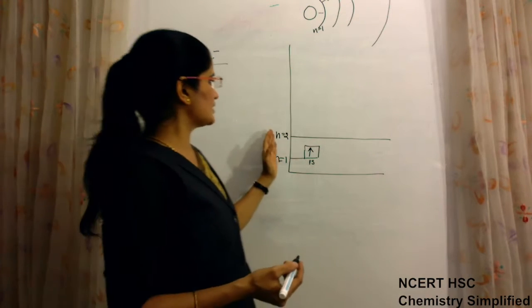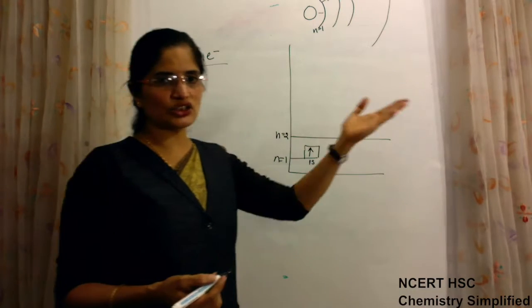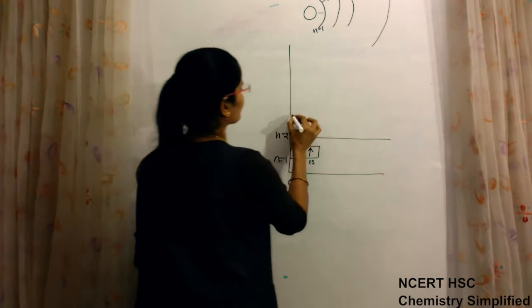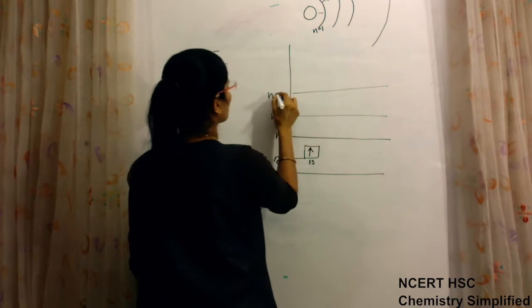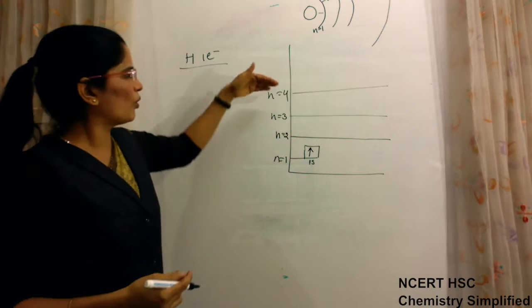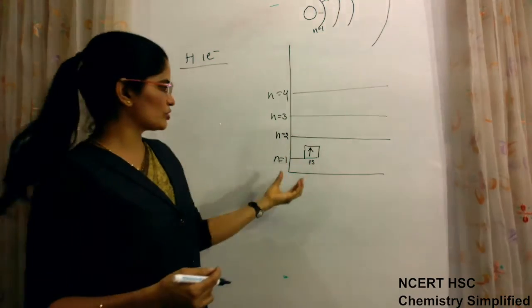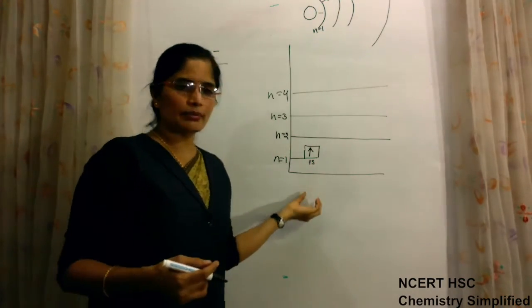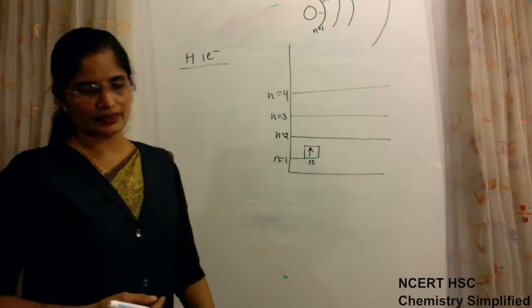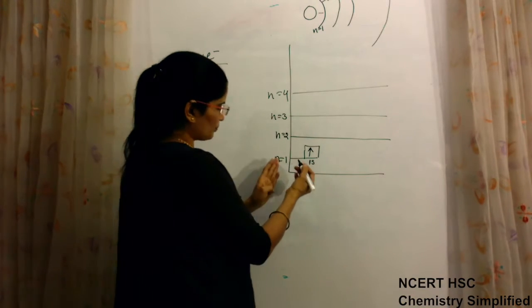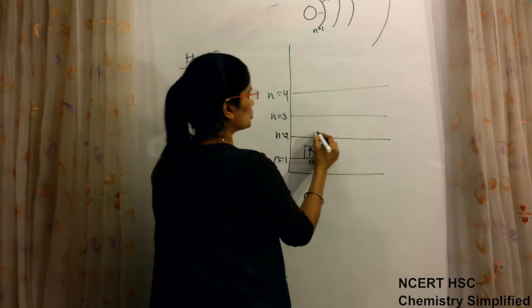So these shells are imaginary. n equals 3 is also there and n equals 4 is also there. More shells are not possible because one proton can have its attraction sphere only for a limited area.